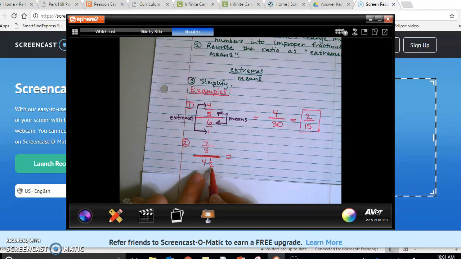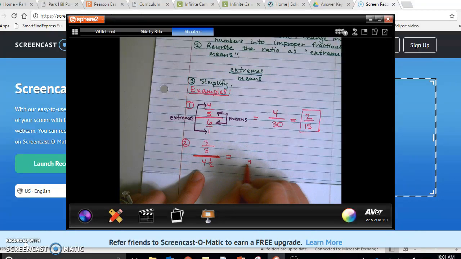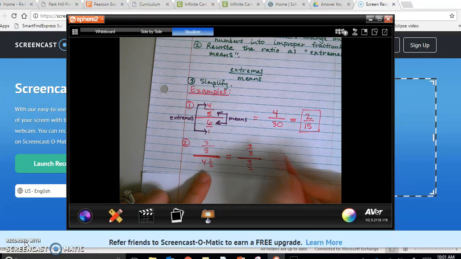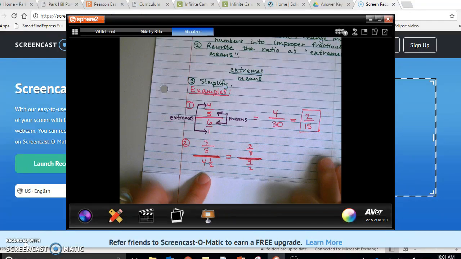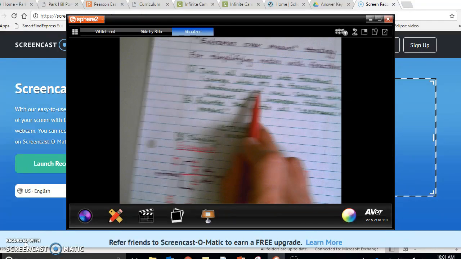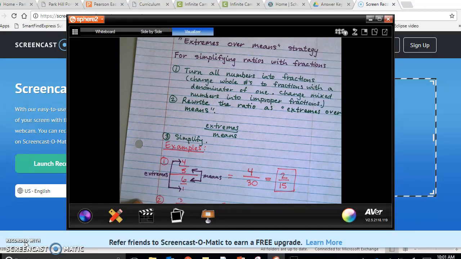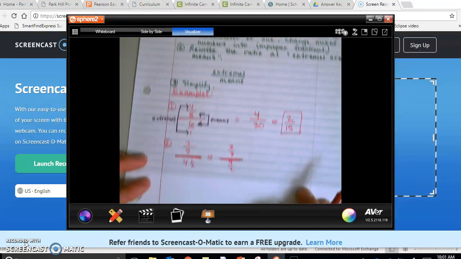So to do that, I'm going to take 2 times 4, which is 8, plus 1, which is 9, and I'm going to keep my denominator the same. So I keep the 2, so 4 1/2 becomes 9/2. I'm going to keep 3/8 on the top because that's already a fraction. Now I'm ready to rewrite the ratio as extremes over means.